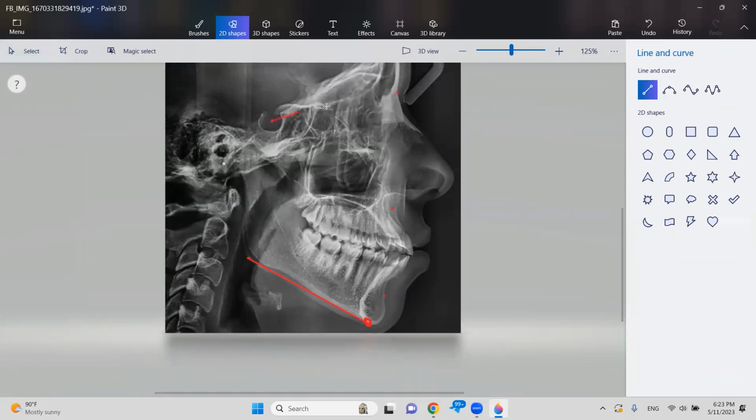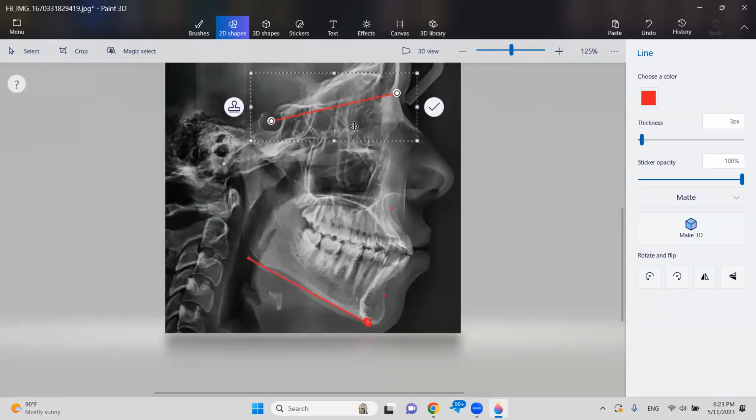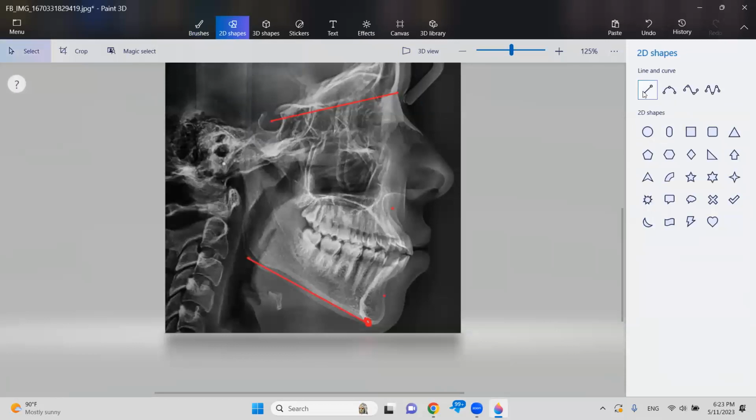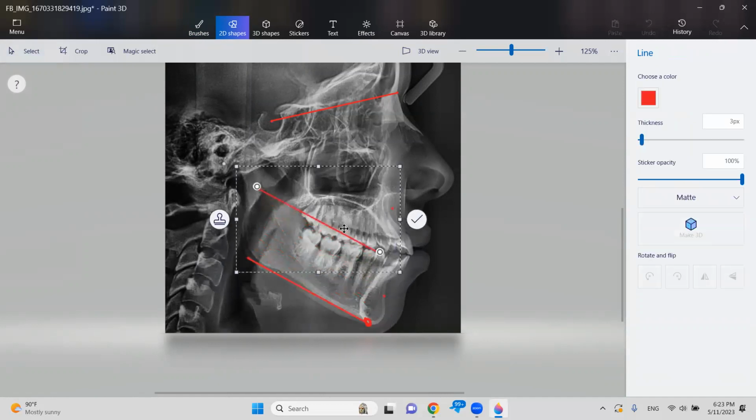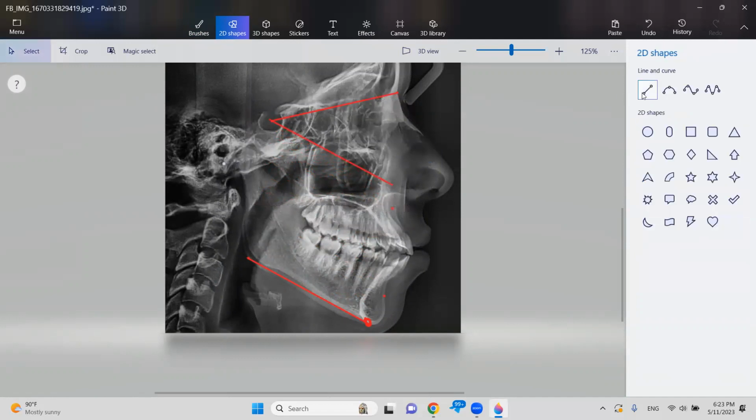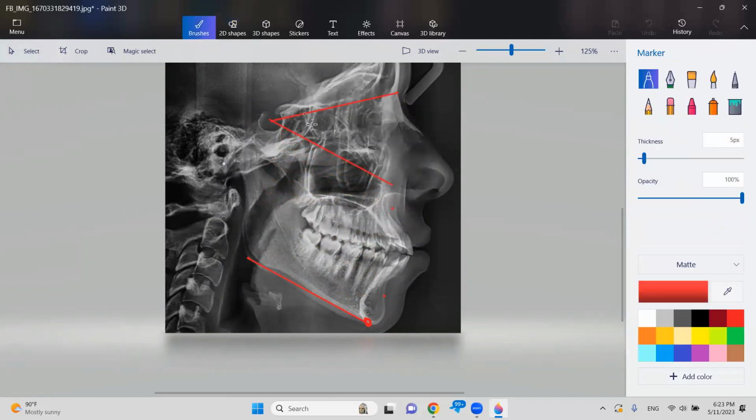And using SN line here, if we move this line parallel up to SN line, we have an angle. This angle, in normal range, should be 32.